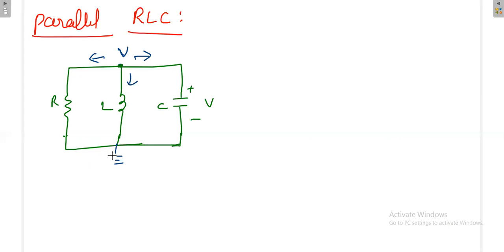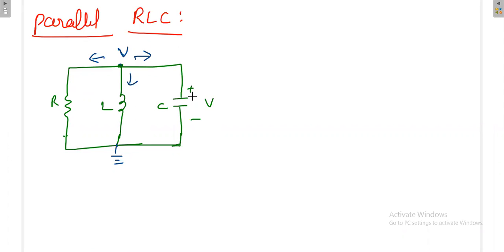It's a nodal voltage, so the node voltage is the same as the voltage across the capacitor, and the same voltage will appear across the inductor and also across the resistance, because when you have parallel elements, the voltage across the elements is the same.